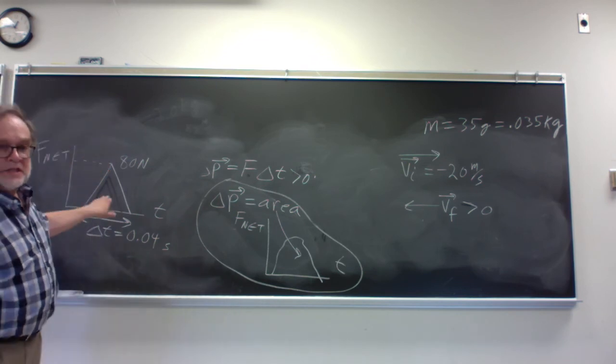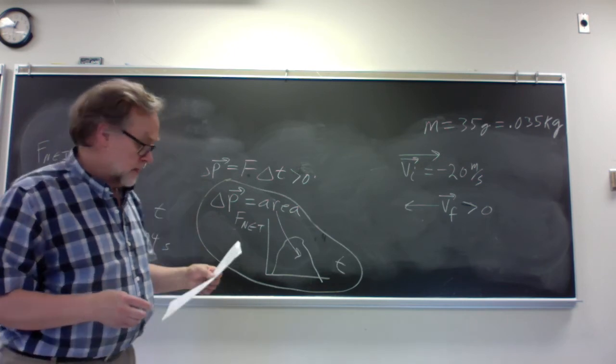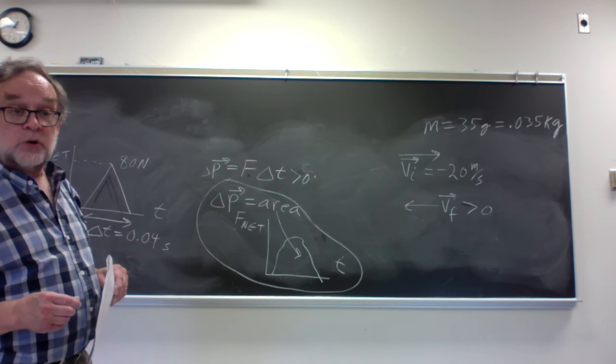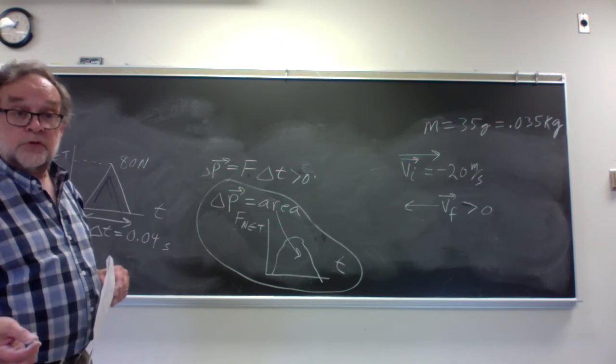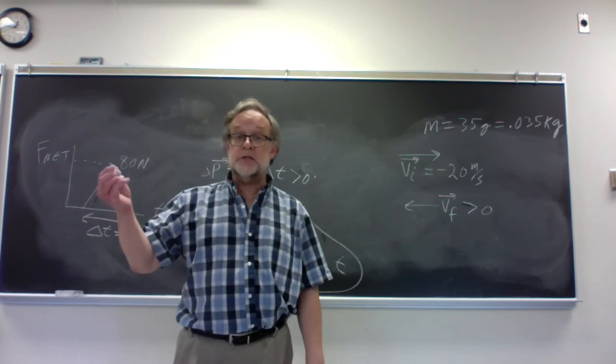Or you could just as easily say that the average force is 40 newtons. But that's all the information we need in order to figure out what the final velocity of the ball will be after you hit it.